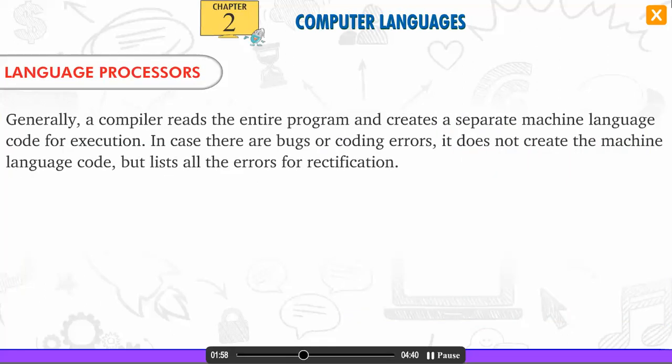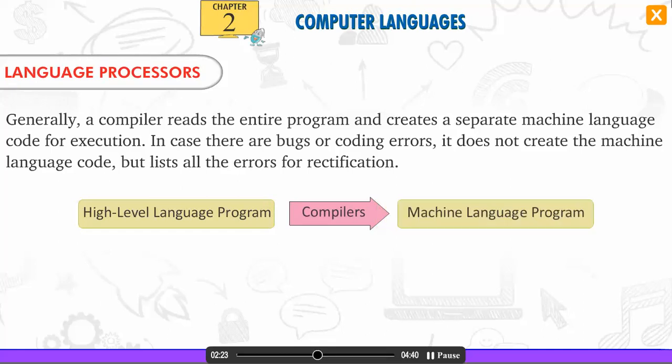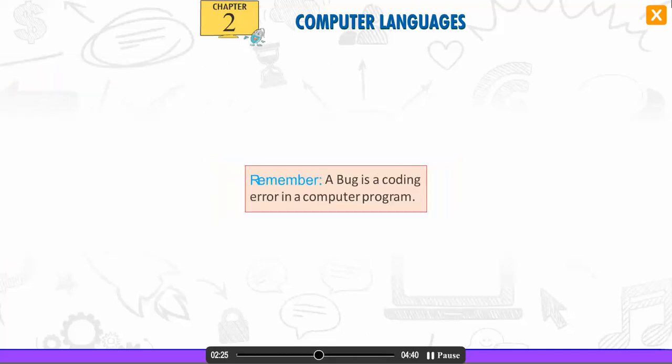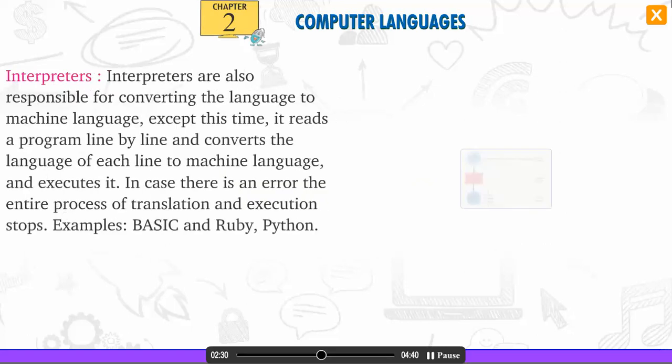Generally, a compiler reads the entire program and creates a separate machine language code for execution. In case there are bugs or coding errors, it does not create the machine language code but lists all the errors for rectification. High-level language program, compiler, machine language program. Remember, a bug is a coding error in a computer program.